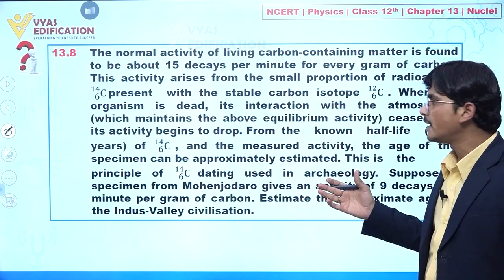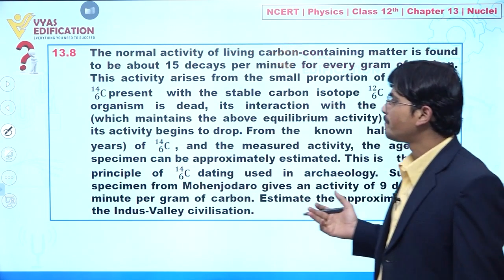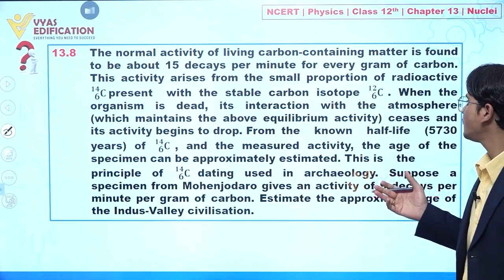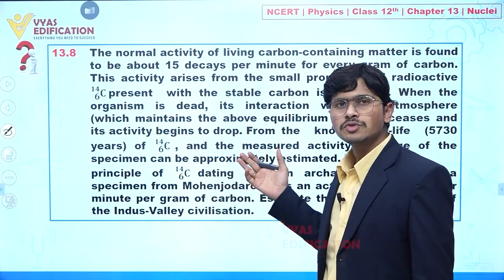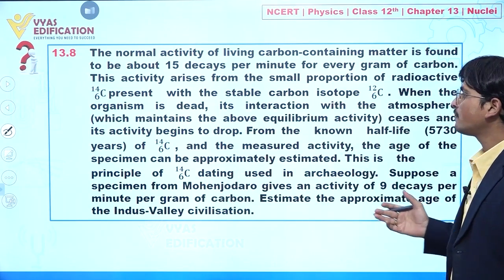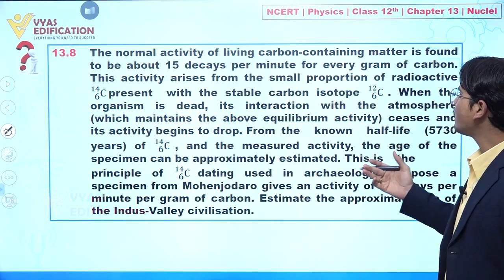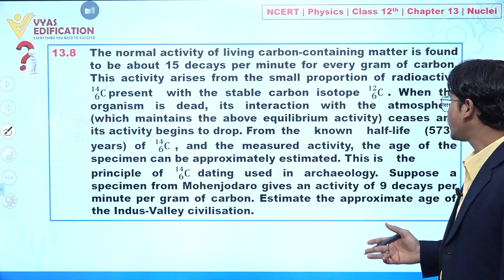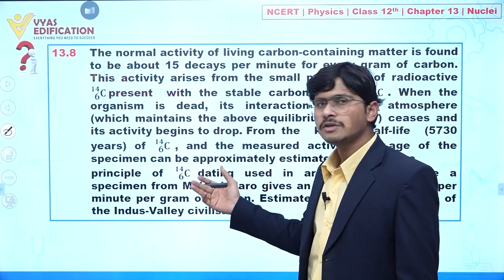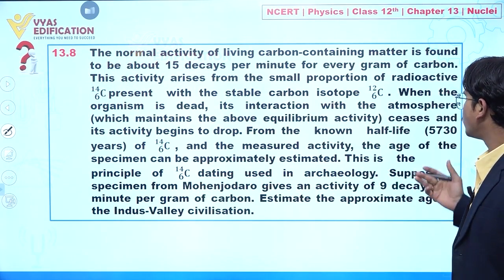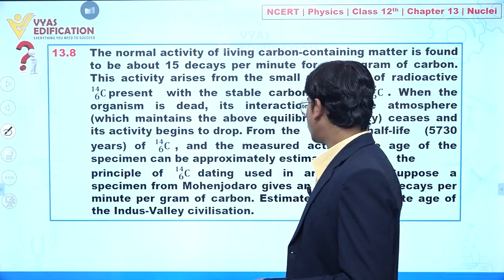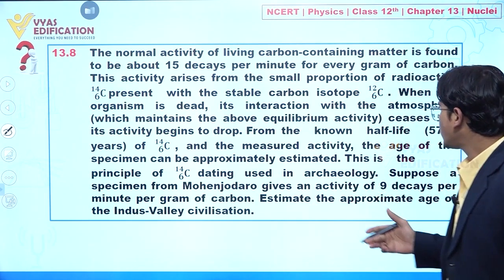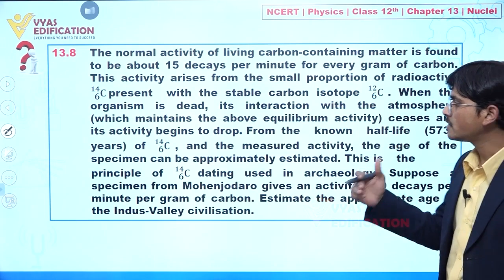When the organism is dead, its interaction with the atmosphere, which maintains the above equilibrium activity, ceases, and its activity begins to drop. From the known half-life of carbon-14 and the measured activity, the age of the specimen can be approximately estimated. This is the principle of carbon-14 dating used in archaeology. Suppose a specimen from Mohenjo-daro gives an activity of 9 decays per minute per gram of carbon. Now we have to estimate the approximate age of the Indus Valley civilization.